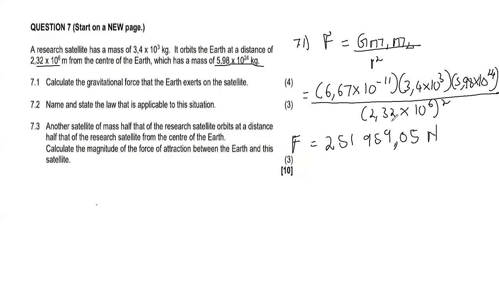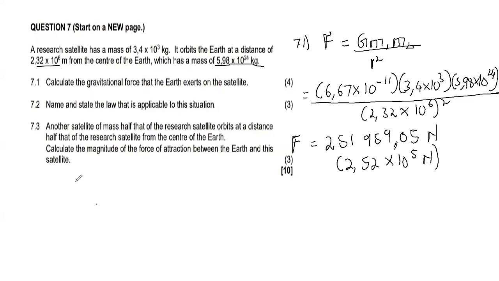Or if you used the scientific method, then you were supposed to have 2.52 times 10 to the exponent of 5 newtons. This is if you left your calculator in normal form, and this is if you changed your calculator to scientific form. So both these answers are acceptable.